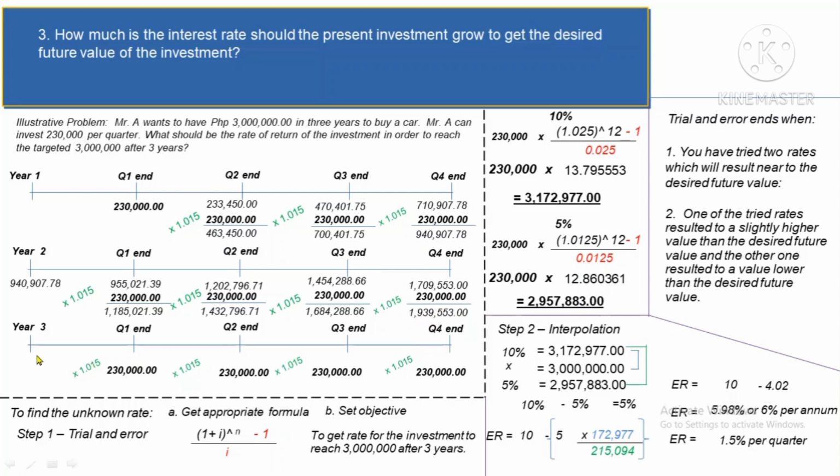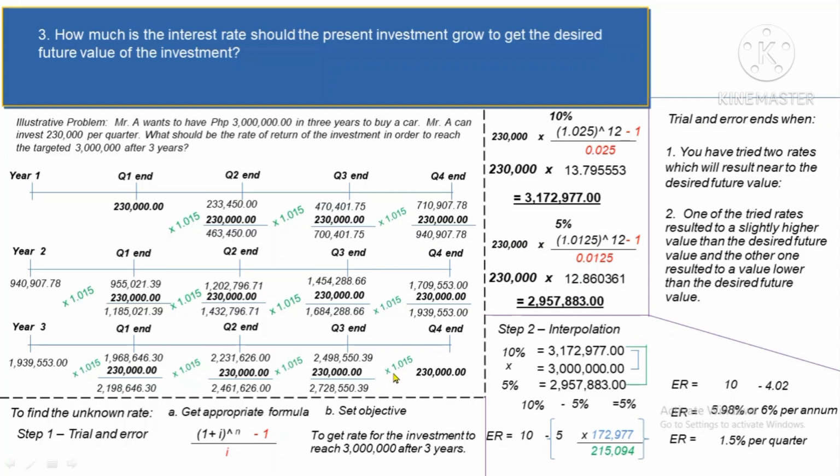1,939,553. On the year 3, we have 1,939,553 from the end of year 2 times 1.015, you're gonna get 1,968,646.30 plus 230,000, and then we're gonna get 2,198,646.30 times 1.015, we have 2,231,626 plus 230,000, we have 2,461,626 times 1.015 plus 230,000, we're gonna get 2,728,550.39.